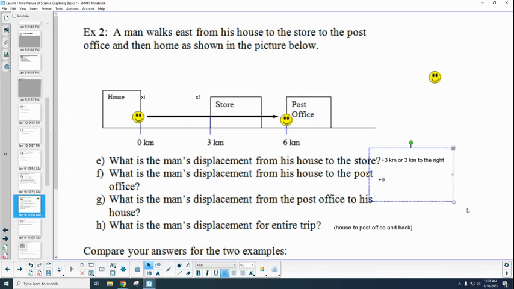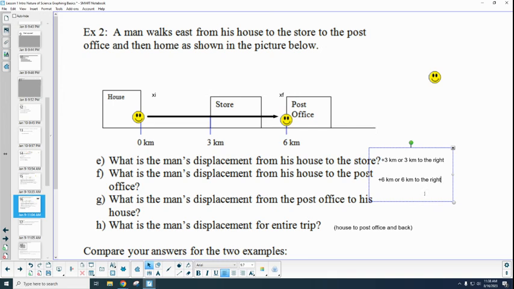This one's a positive 6 because the final position is now at positive 6, and it'd be positive 6 minus 0, which is still positive 6. So positive 6 kilometers, that's fine. The positive indicates going to the right, or you could just call it 6 kilometers to the right if you wanted to write out a little phrase afterwards to describe the motion.